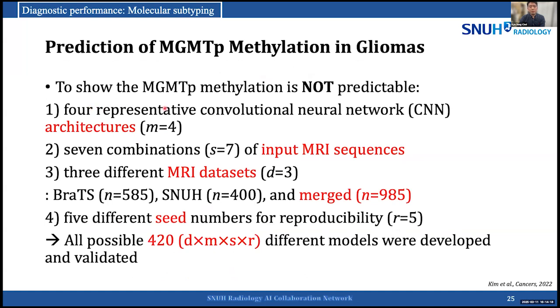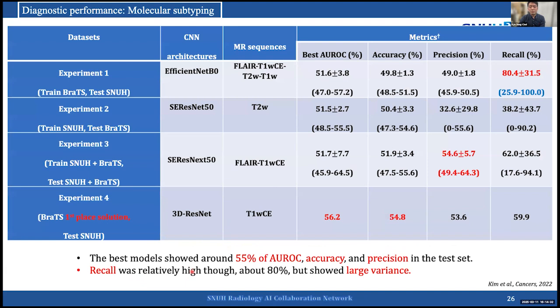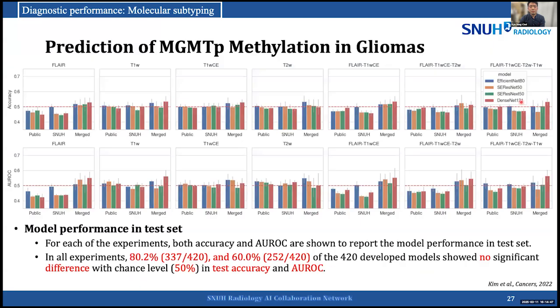To show that the MGMT promoter methylation is not predictable, we developed and validated all possible 420 different combinations of prediction models. The best model showed around 55% of AUC, accuracy, and precision in the test set. Recall was relatively high, though, about 80%, but showed large variance.